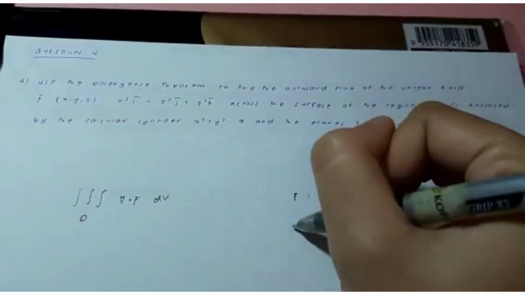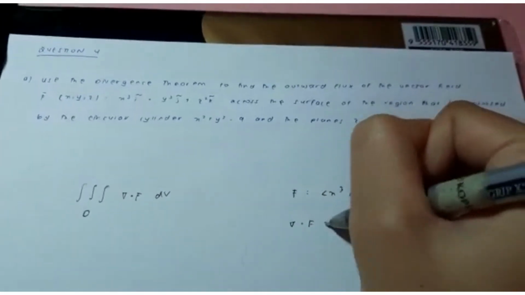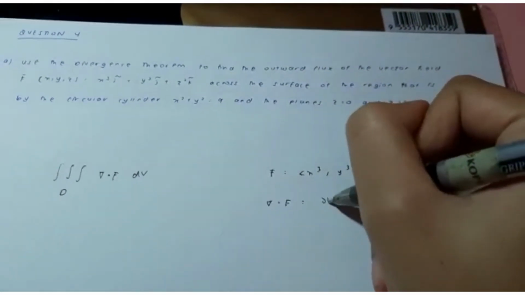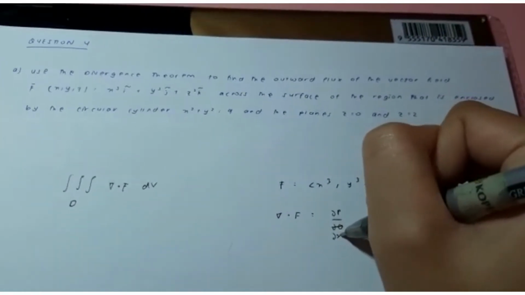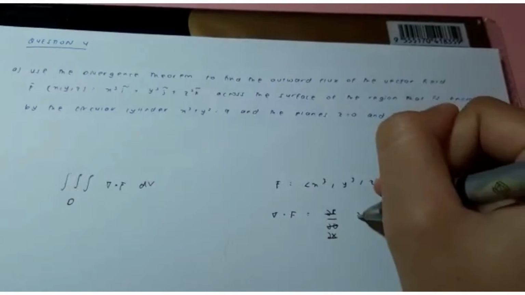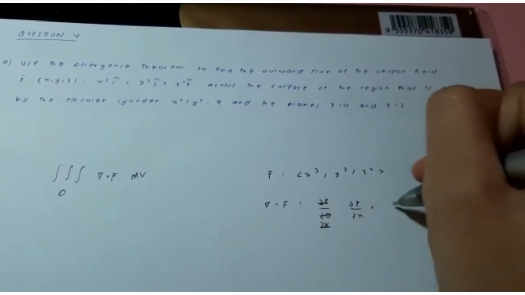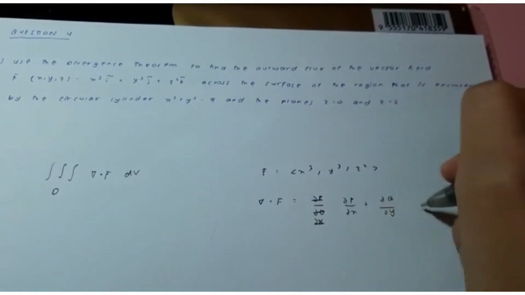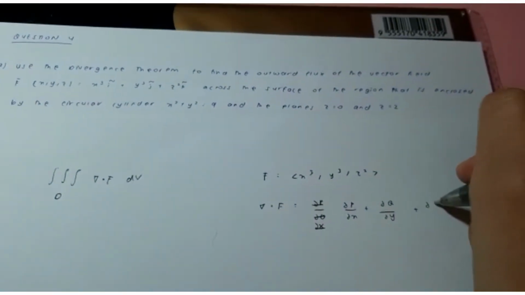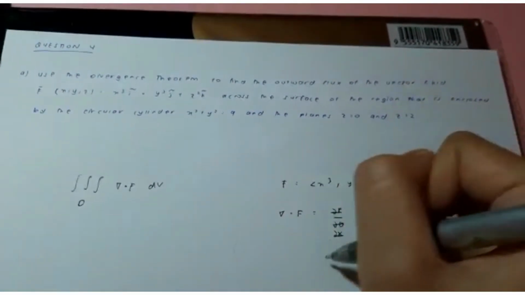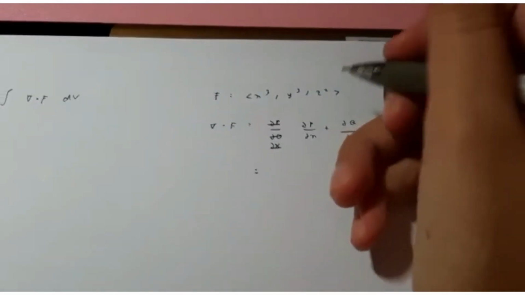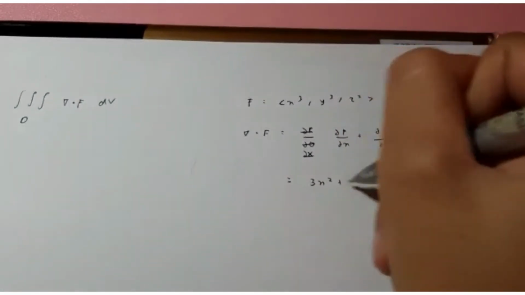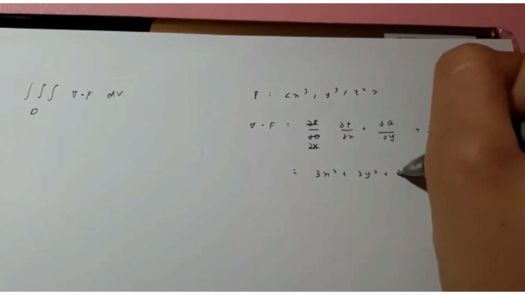To find divergence of F, we can use the formula delta P over delta x plus delta Q over delta y plus delta R over delta z. So from here we will get 3x square plus 3y square and 2z.